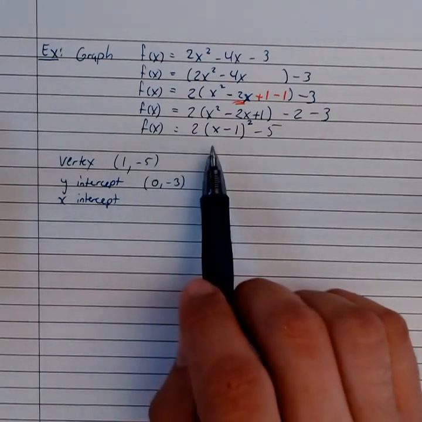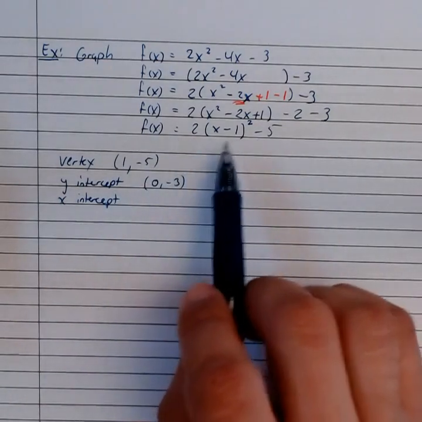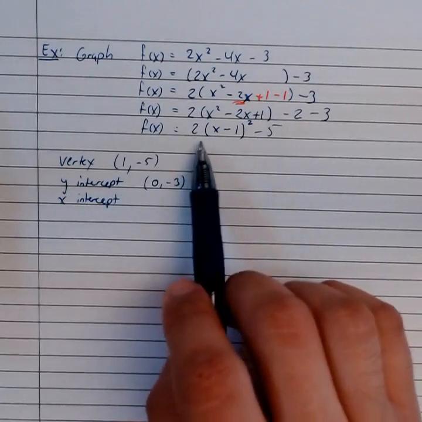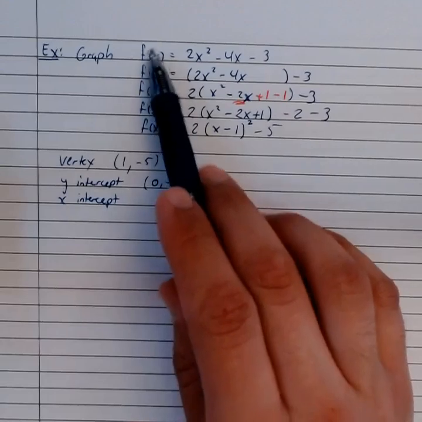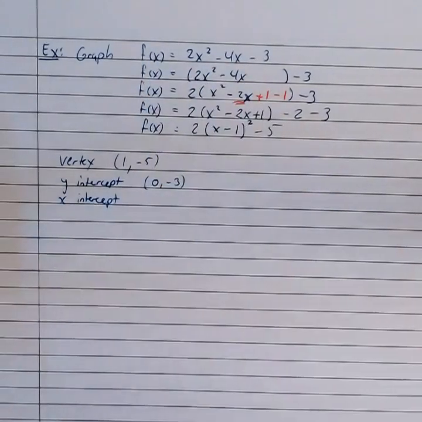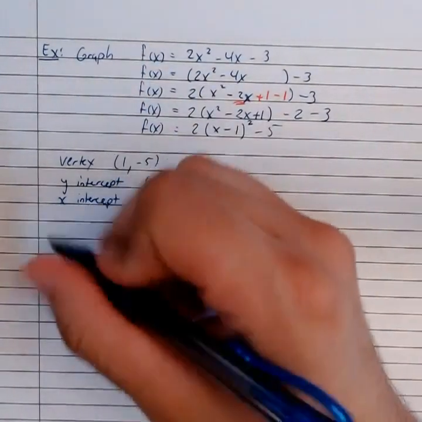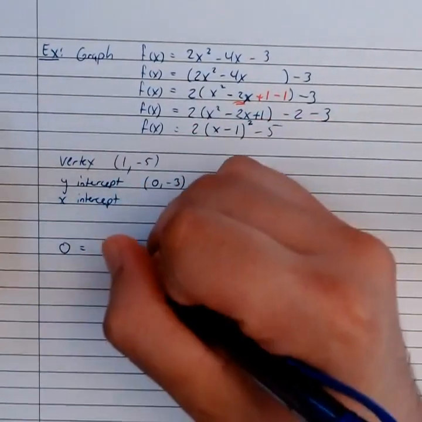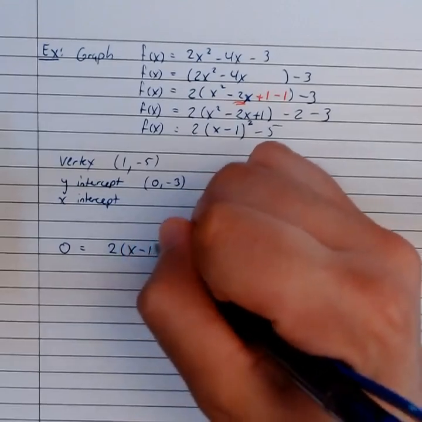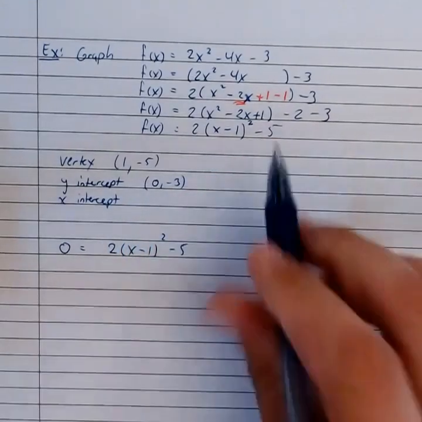Since we have been extracting the square so far, let me go ahead and do that one more time. I'm going to set y equal to 0 and extract the square. If you prefer, you can use y equal to 0 here and then use the quadratic formula. All right, so if I set y equal to 0, that's going to give me 0 equals 2 times x minus 1 squared minus 5.